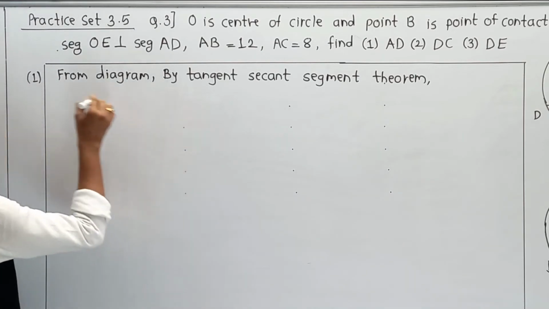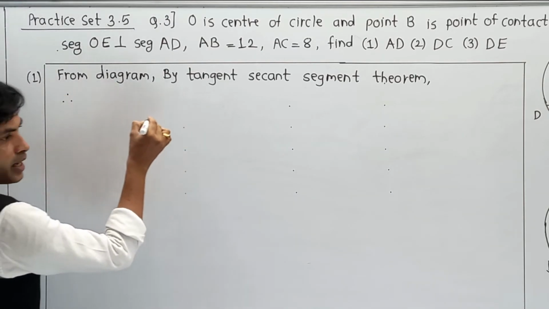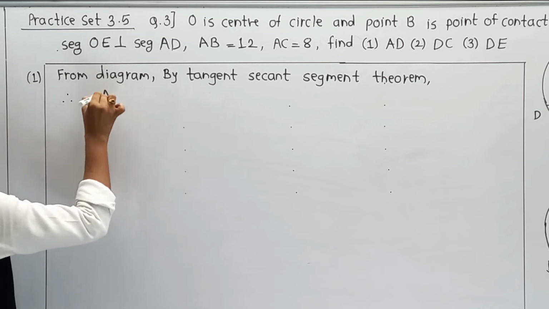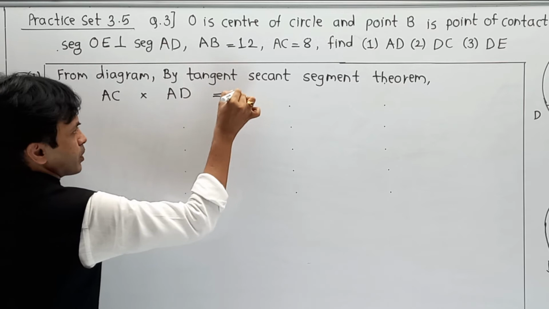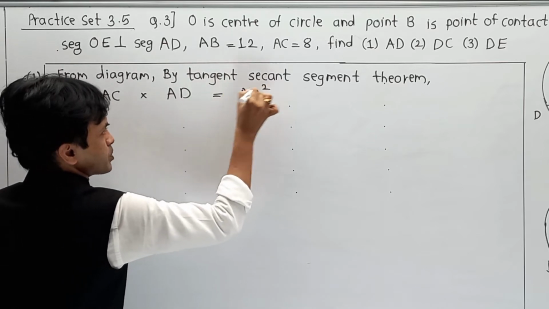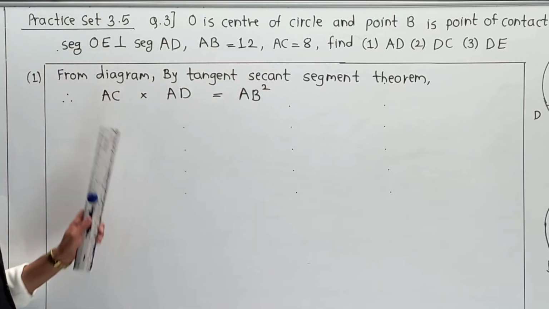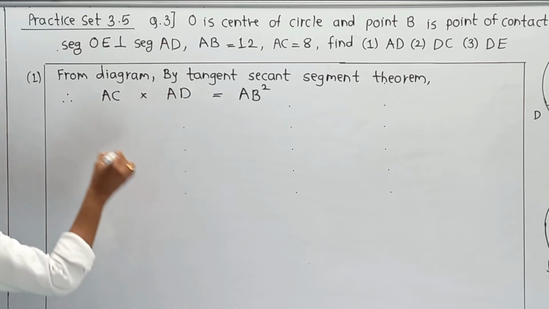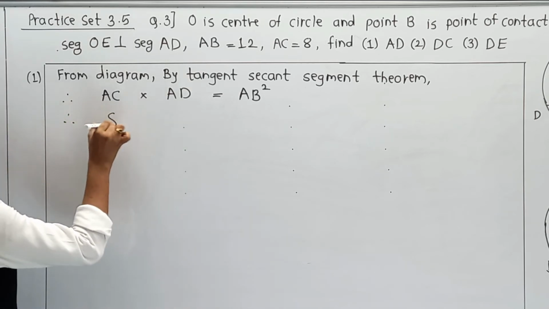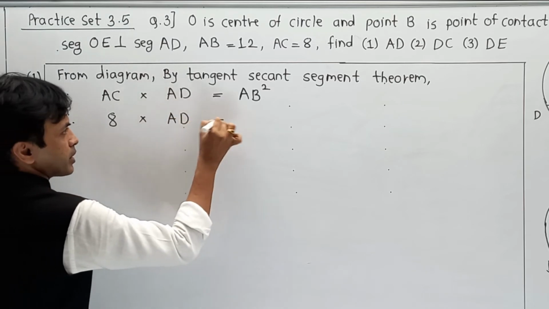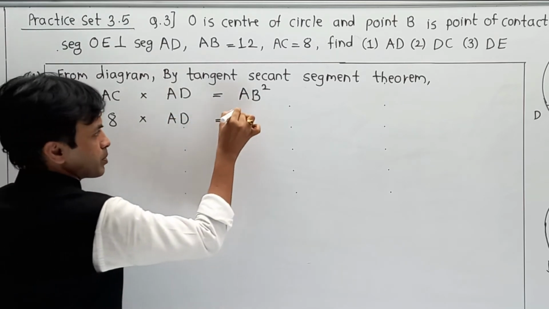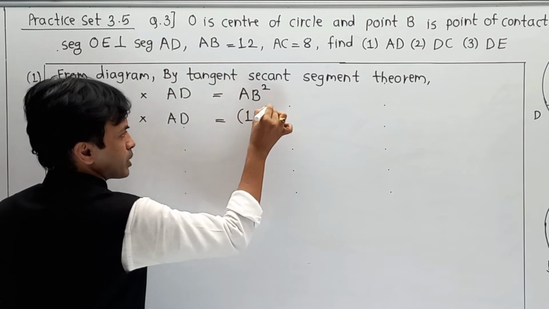So AC into AD is equal to AB square. Now the value of AC they have given as 8, so 8 into AD is equal to AB square. AB square means 12 square.